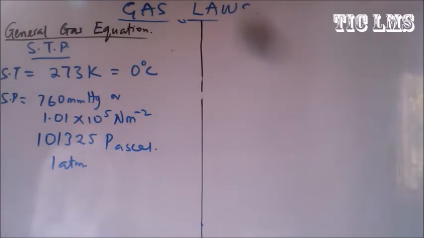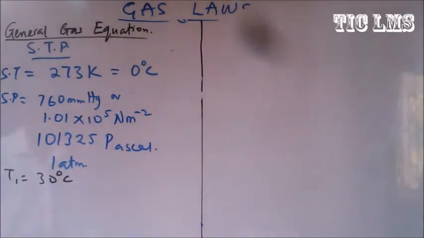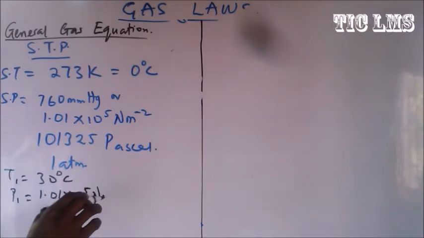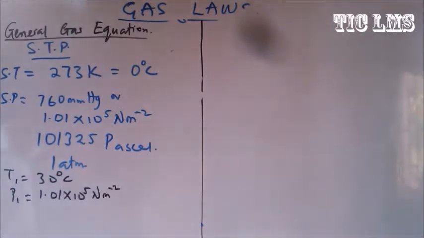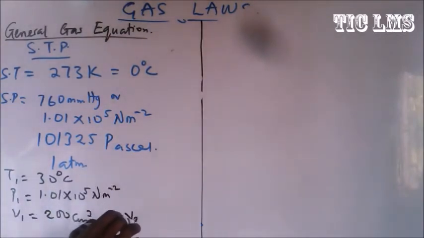Alright, so here's the question where we have that an ideal gas has an initial temperature of 30 degrees Celsius, and an initial pressure of 1.01 times 10 to the power of 5 Newton per square meter, and occupies a volume, that is its initial volume, which is 200 centimeter cubed. We have to calculate its volume, that's V2, at standard temperature and pressure.